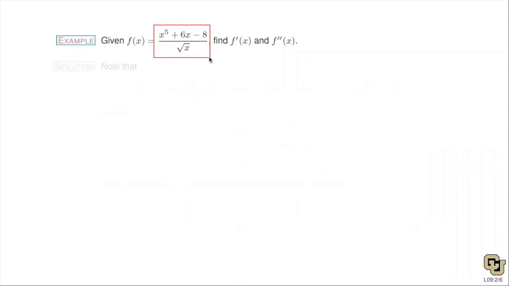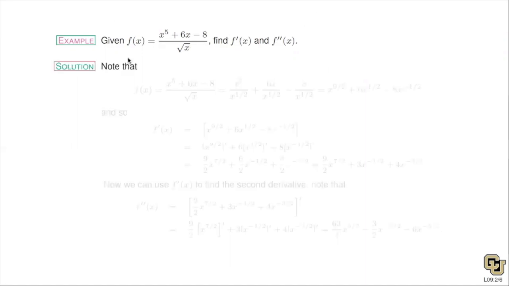Think about this. This is a function on top divided by a function on the bottom. On the previous page, we only got rules for something that looked like x to the n, or cosine, or sine, or a sum or difference of functions that we already know the derivative of. Not a quotient. So the trick here is to rewrite this.